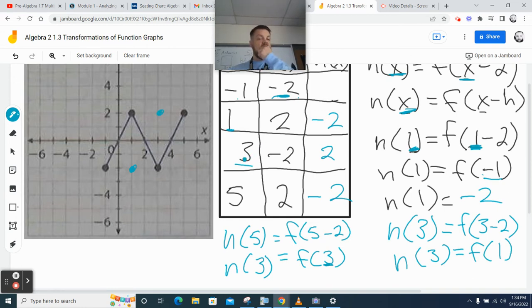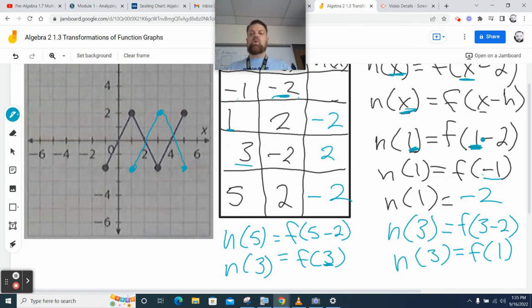Then the next one I'm going to plot is 5 comma negative 2, right? So I've got this going on. What does it look like I'm doing to my graph? It looks like I'm shifting it to the right, doesn't it?